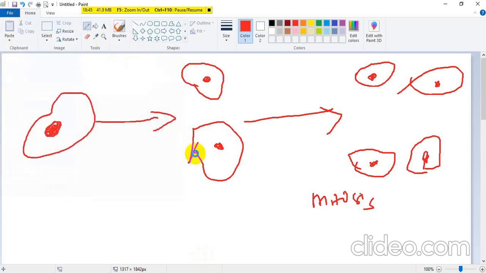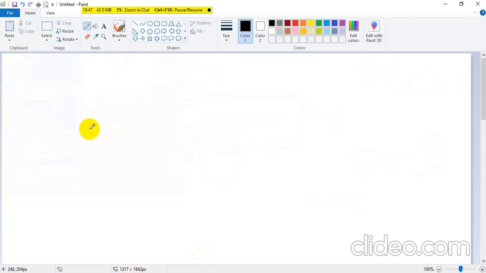For instance, if you want to maintain homeostasis, let's say you have developed COVID-19, or you have been infected with COVID-19. So, your temperature will spike.